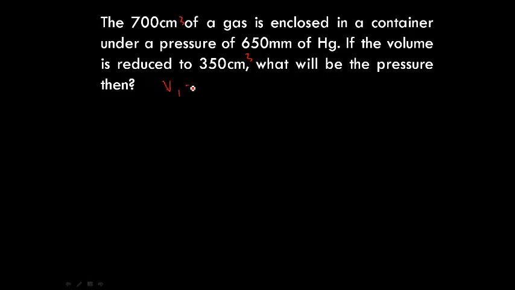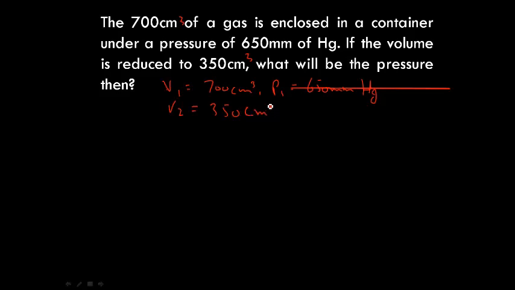The volume 1 is 700 cubic centimeters, and the pressure is 650 millimeters of mercury, and the new volume is 350 cubic centimeters. We need to find the pressure.